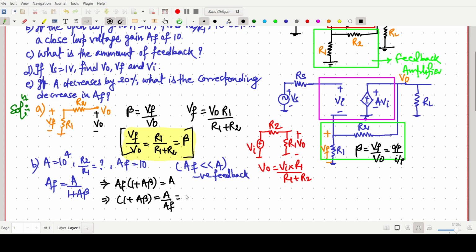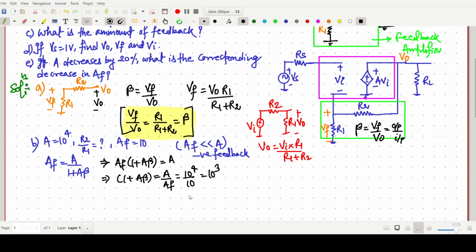A is 10 to the power 4 and AF is 10, so we can write it as 10 to the power 3. Now if we solve, A beta can be written as 10 to the power 3 minus 1, which is nearly 10 to the power 3.